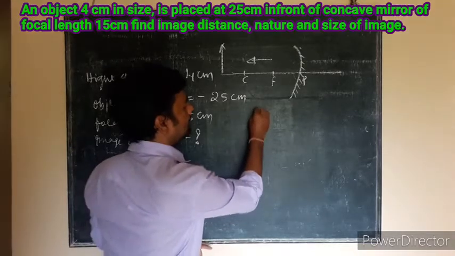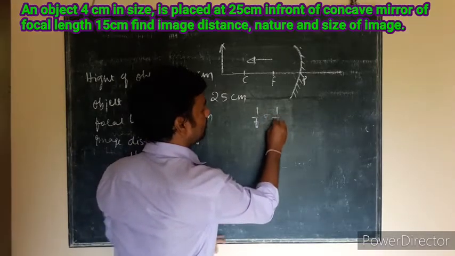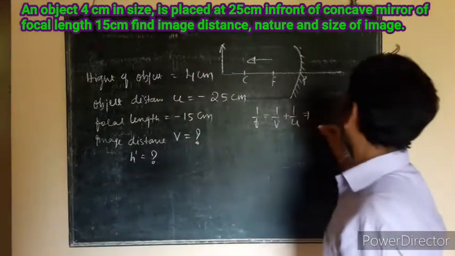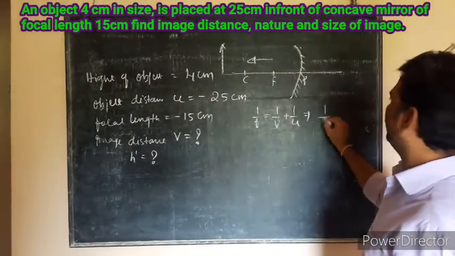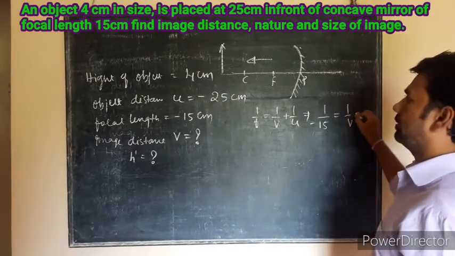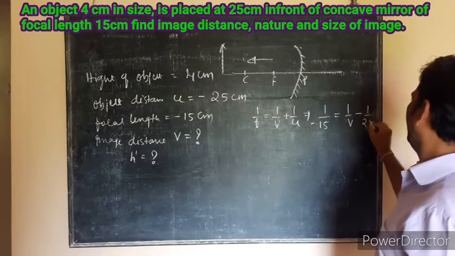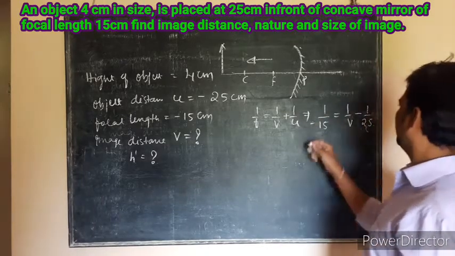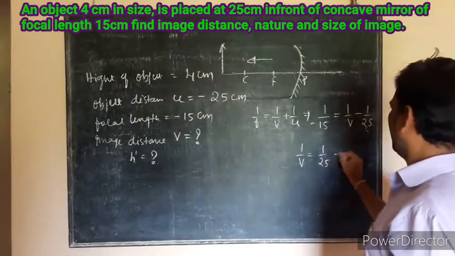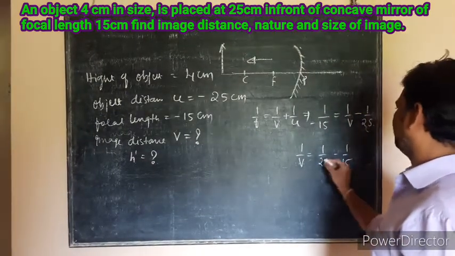So we know the mirror formula, 1 by f is equal to 1 by v plus 1 by u. By putting the data, 1 divided by minus 15 is equal to 1 by v minus 1 divided by 25. If you get this into the right hand side, 1 by v is equal to 1 divided by 25 minus 1 by 15.